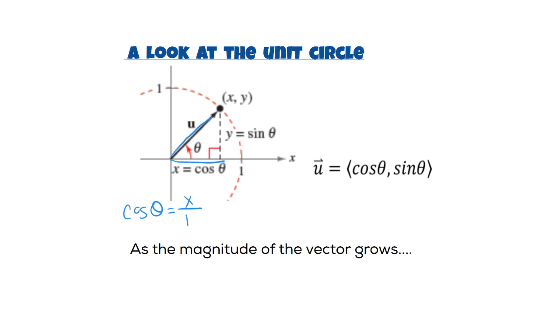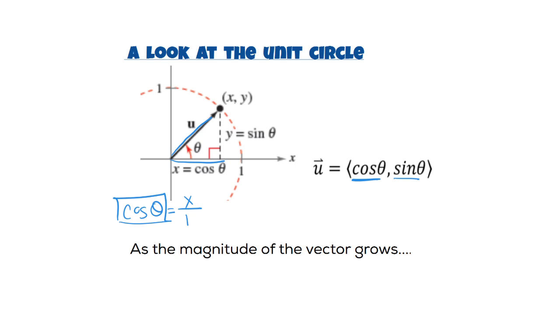And so the x value is really just cosine theta. So that's what I wrote here. The x value is just cosine theta, and the y value is just going to be sine theta.